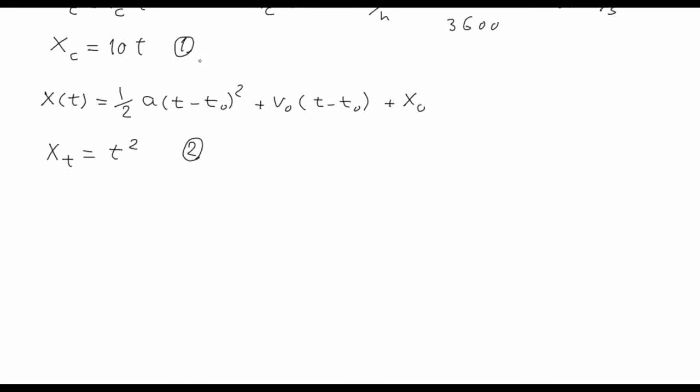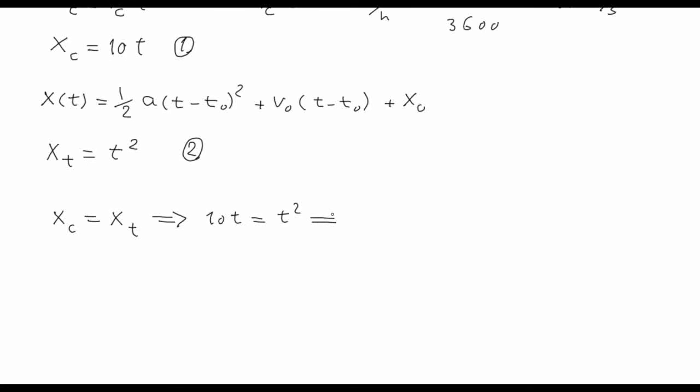Now, according to these two relations, relation 1 and 2, you can see that when x_c equals x_t, you can find the time when the truck and car are at the same point on the x-axis.